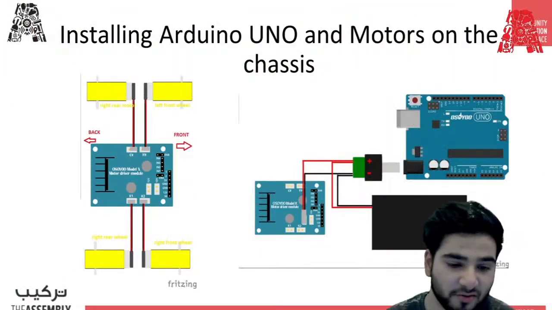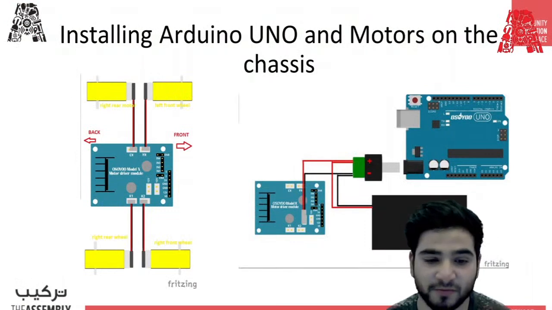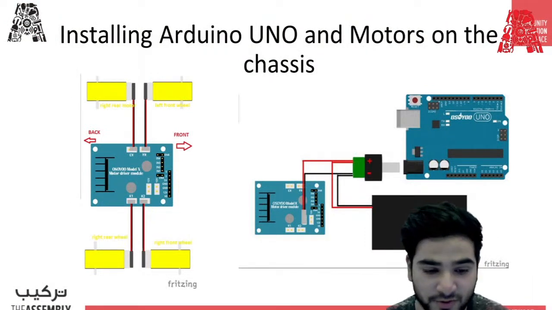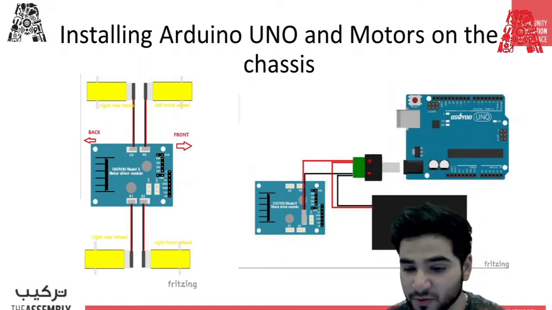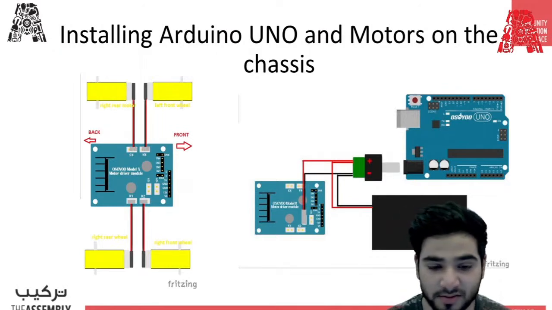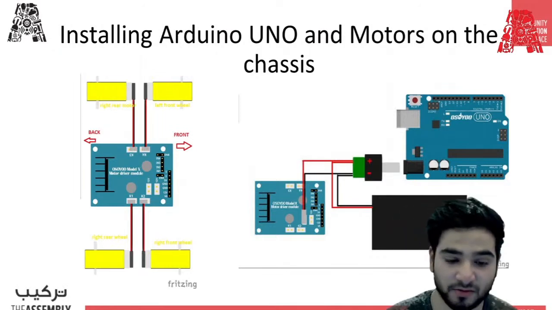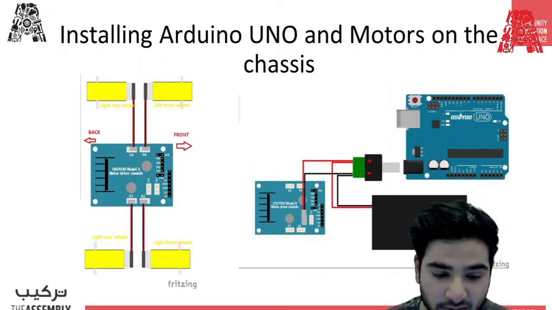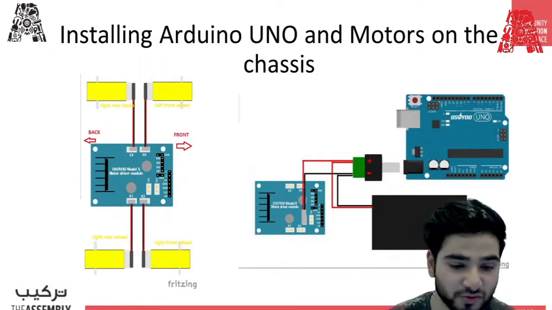This is the wiring diagram for the installation of the 4 geared motors onto the motor driver, and also how the power supply is going to be connected to the motor driver and to the Arduino. As you can see, the 4 motors are connected to the K1, 2, 3, and 4 of the motor driver.